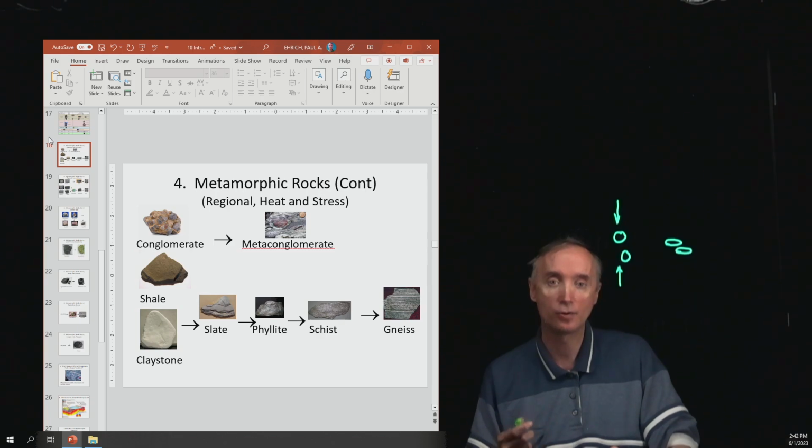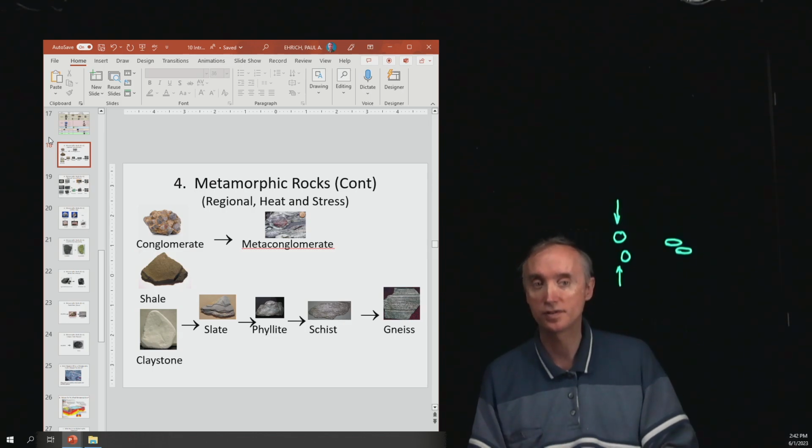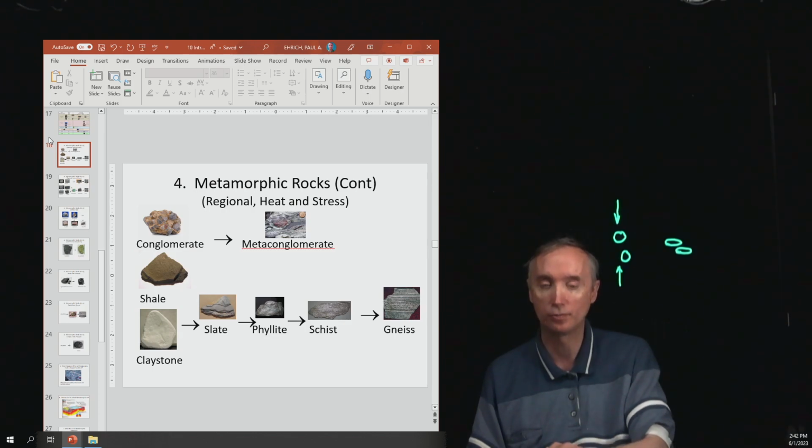And then under higher pressures and temperatures, it turns into a schist. And then finally, it turns into a gneiss. So a gneiss is considered a high-grade metamorphic rock. Forms under conditions of very high pressures and temperatures. Claystone, which is another sedimentary rock, will do the same thing when you apply heat and pressure to it.